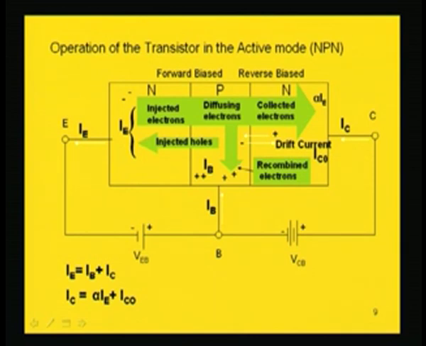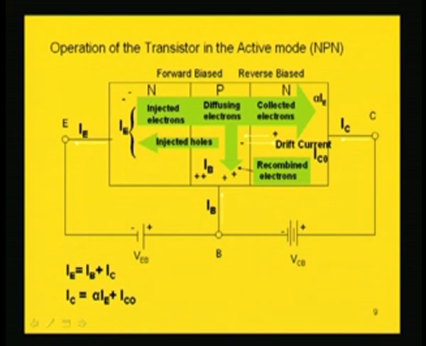Here the major difference is in the carriers' movement. The majority carriers in the emitter are electrons, which will be repelled by the negative terminal of the battery. This is a forward bias PN junction, which makes the emitter current analysis easier. It is nothing but a forward bias diode.